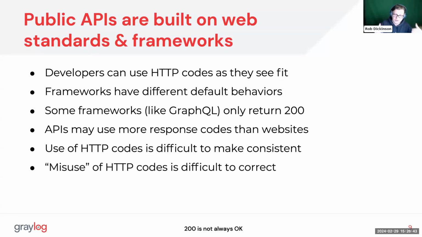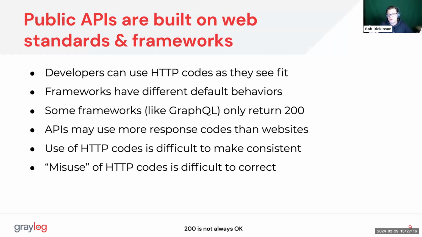And the misuse, if you say that's wrong, we want to do something different, that misuse tends to be difficult to correct as well, because it's not just changing the behavior of the server, it's changing the logic on all of the clients that interpret those HTTP codes, because you're changing the contract between the client and the server. So from a practical perspective, you can't really expect the response codes to be perfectly consistent.